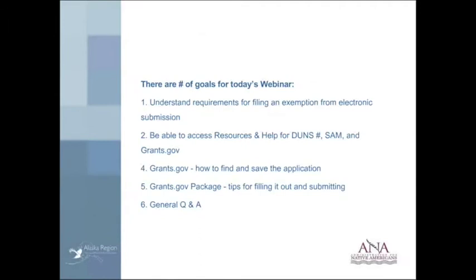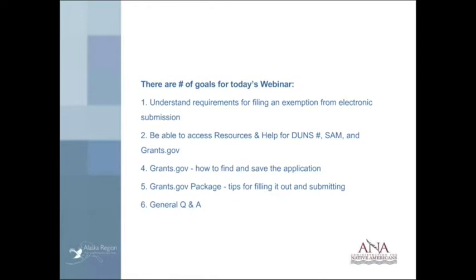So today's goals are to understand the requirements for filing an exemption from electronic submission. ANA does allow for paper submission, but you have to file that exemption, and I'll talk briefly about what you have to do if you want to go that route.